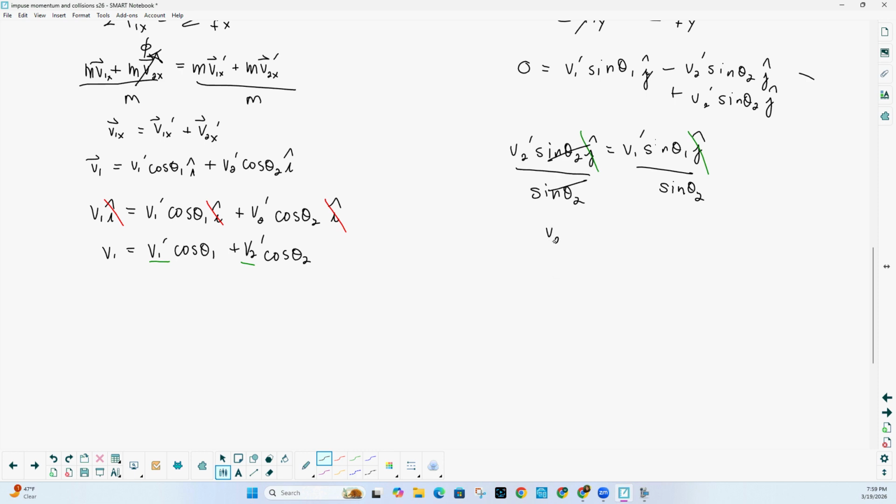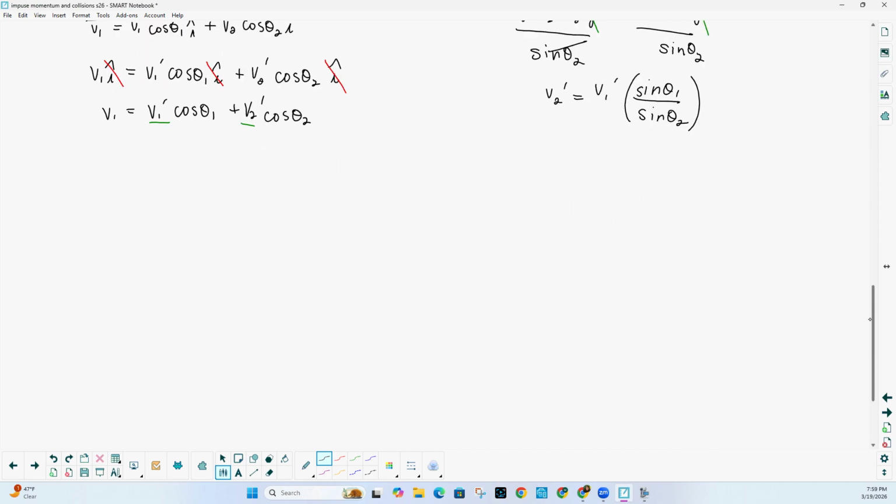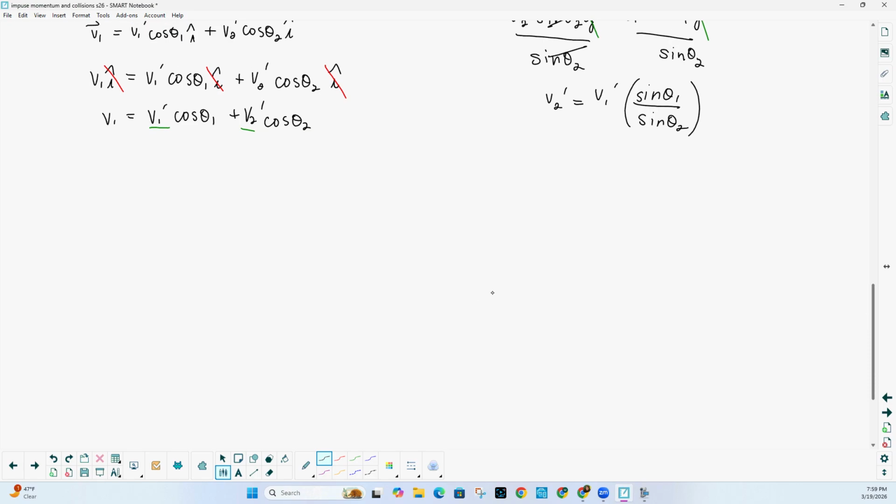And now I have v2 prime is equal to v1 prime times sine theta 1 over sine theta 2. Okay, and I'm going to leave it as is. I'm not going to substitute any numbers in yet. I'm going to substitute this into here. Okay, so notice here, this is the same thing as this. So let's go ahead and substitute.